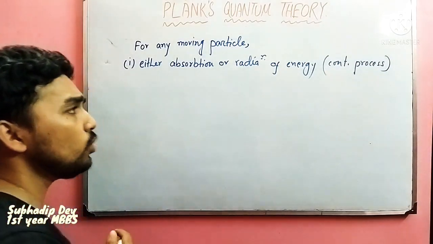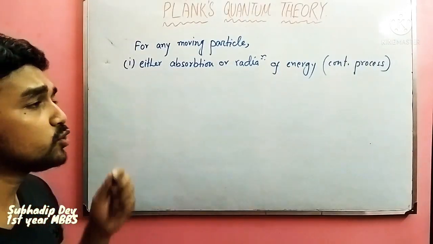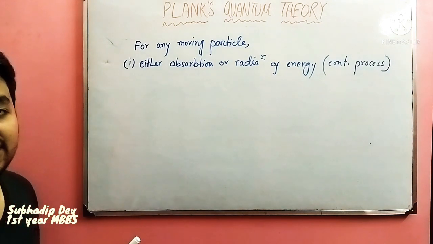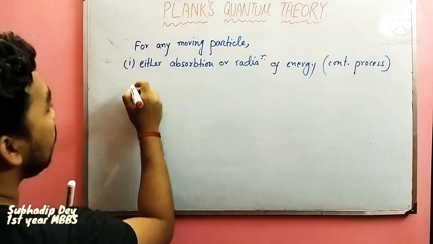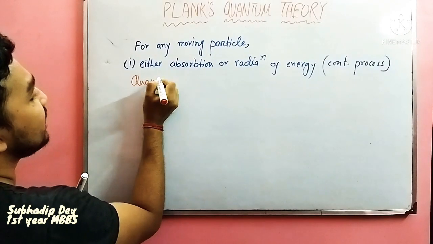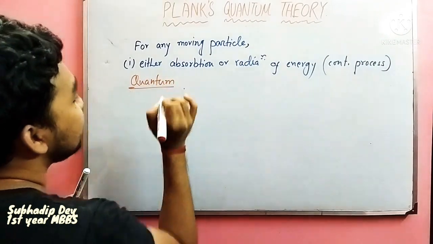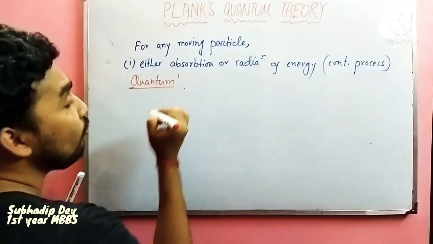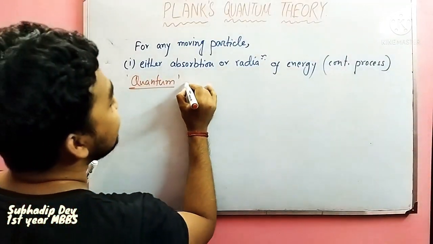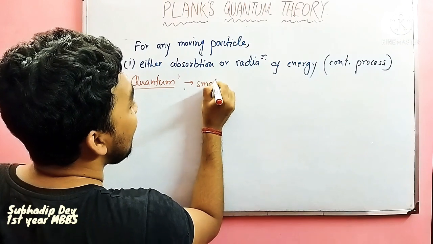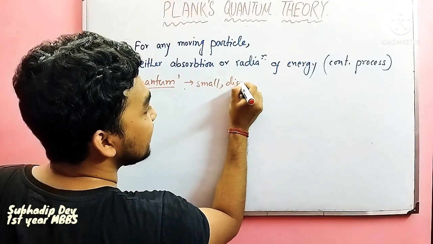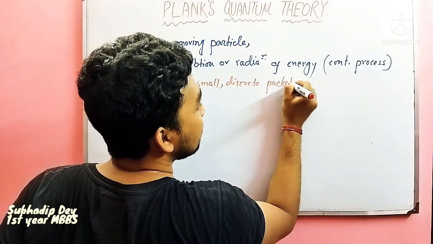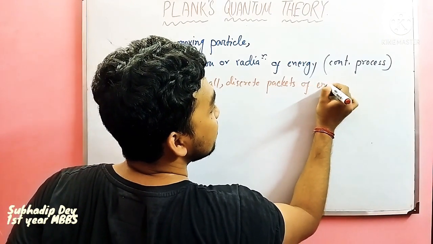Now, how is the energy absorbed or radiated? Here, Planck has given us a new term, that is quantum. He told that the energy is absorbed or radiated in the form of quantum. Quantum is small and discrete packets of energy.